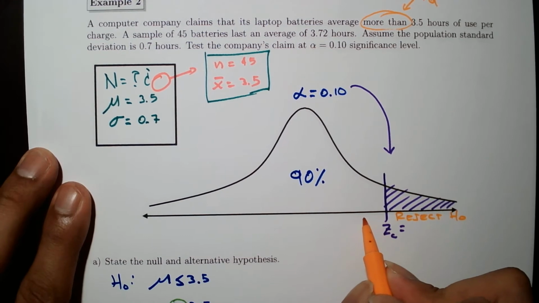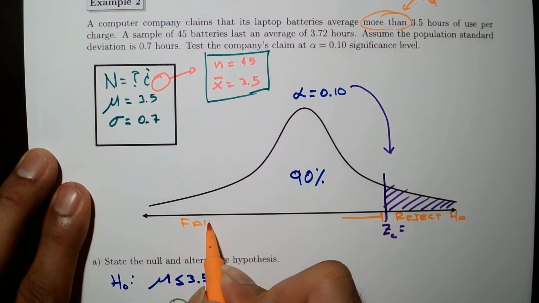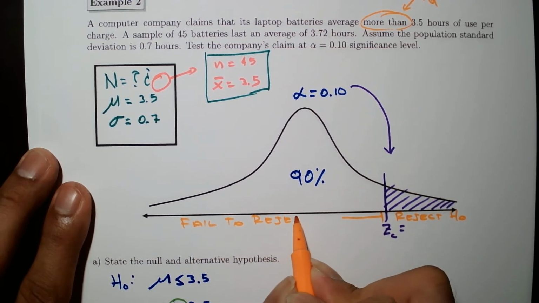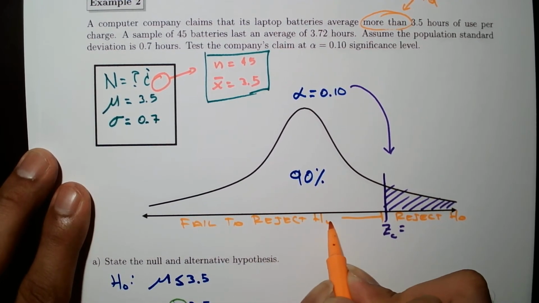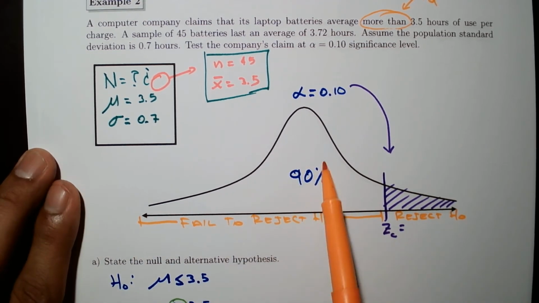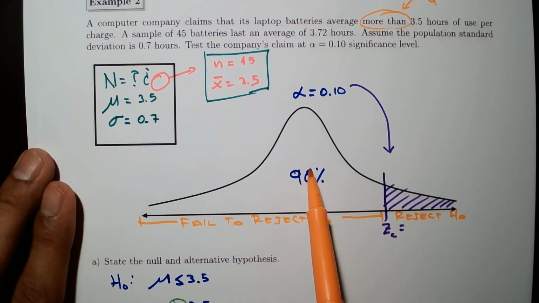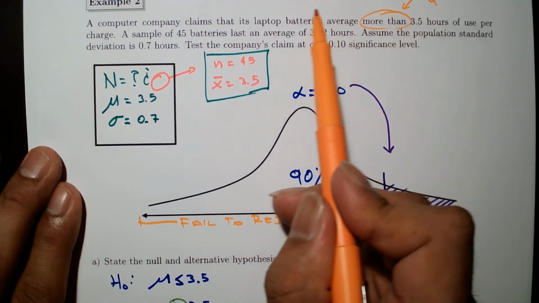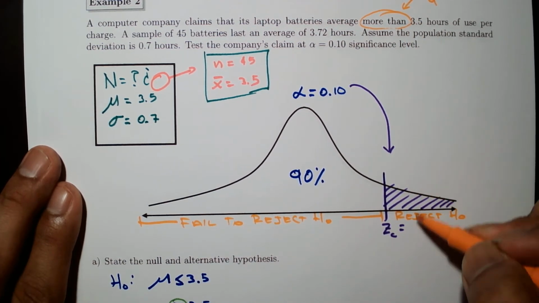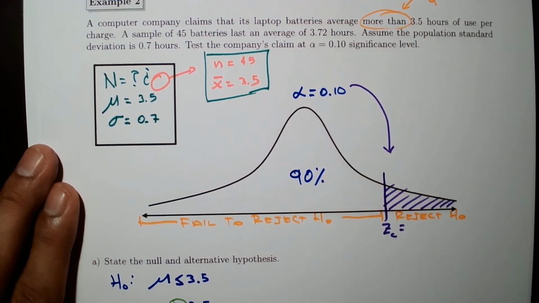Otherwise, fail to reject the null hypothesis. So if our statistic value falls here, we lose the argument, or we don't have compelling evidence to show that this is true. Otherwise, if our statistic value falls in here, then we have compelling evidence. Okay?